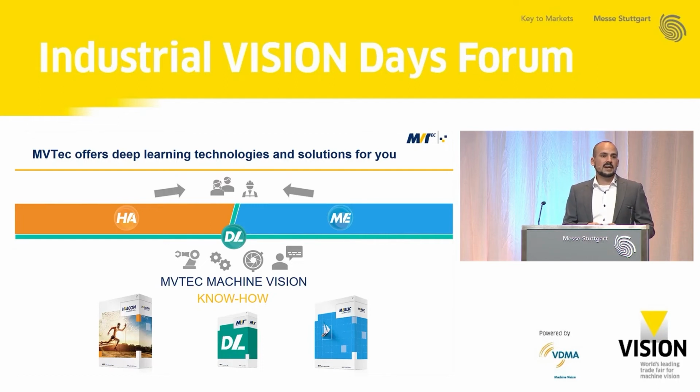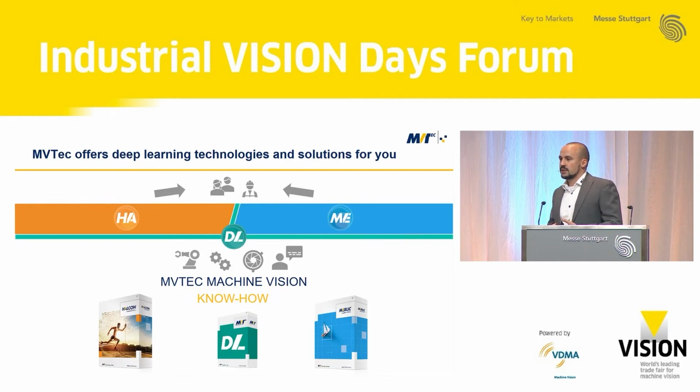This tool goes hand in hand with our other two software products, MVTec Halcon and MVTec Merlic. If you're a programmer and you like full flexibility, then MVTec Halcon is the right tool to go. You can combine traditional machine vision algorithms with deep learning technologies and get the best out of your machine vision applications.